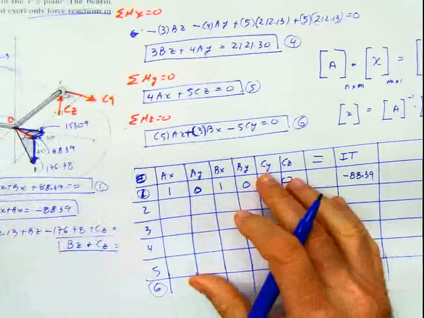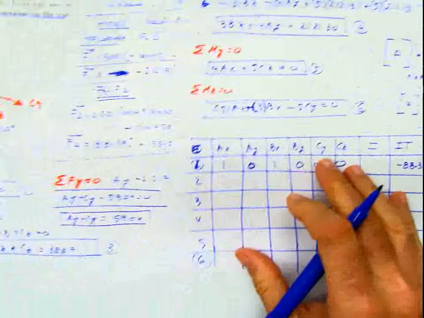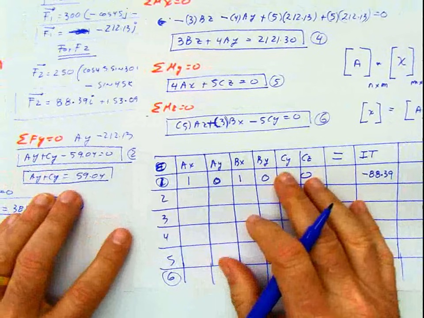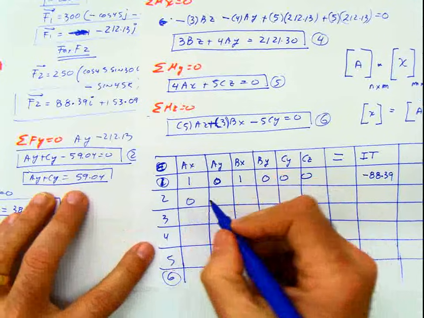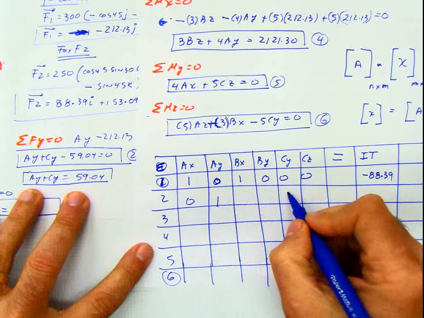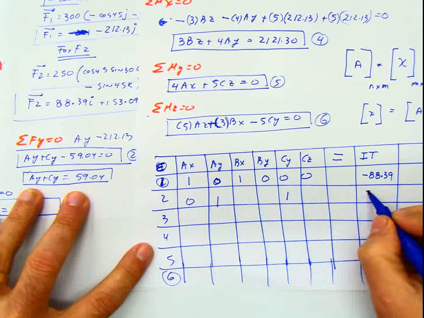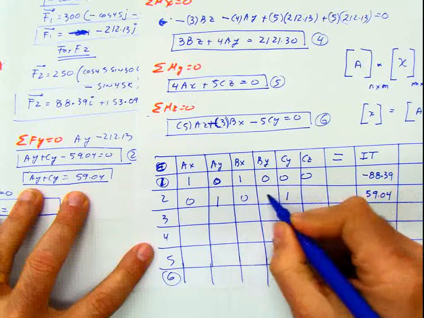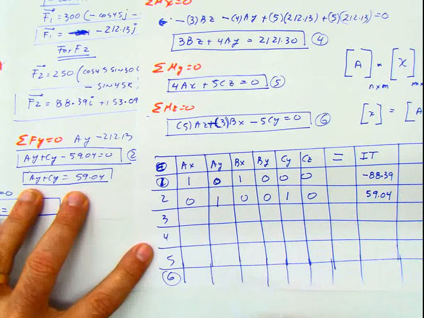My second equation, equation number 2, is this one here. So we have AX is 0, AY is 1, and CY is 1. The independent term is 59.04, and the rest of the coefficients are 0.